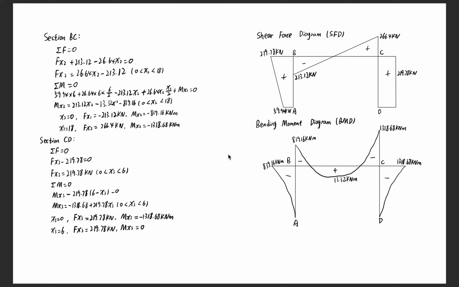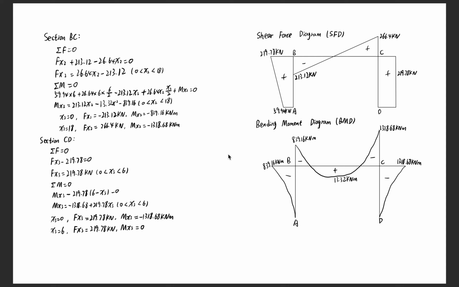And the last one is section CD. Sigma M equals 0, Fx3 minus 219.78 equals 0. We got Fx3, which is limited to 0 to 6. We got Mx3 equal to negative 1318.68 plus 219.78 x3, limited to 0 to 6.